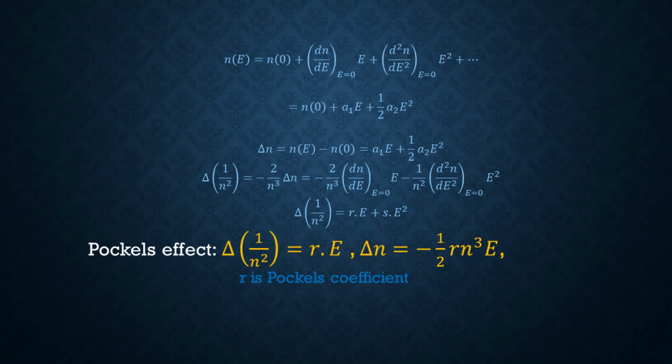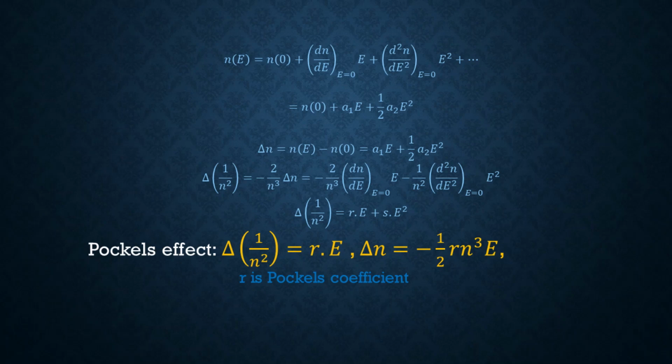Now we'll see how the refractive index of the material, and the E ray and O ray of the material, can be written as a function of E. So we can say n(E), that is the refractive index as a function of electric field E, is equal to n0 plus dn/dE at E equal to 0 times E plus half d2n/dE2 at E equal to 0 times E square, plus and the series of this Taylor expansion will go on.